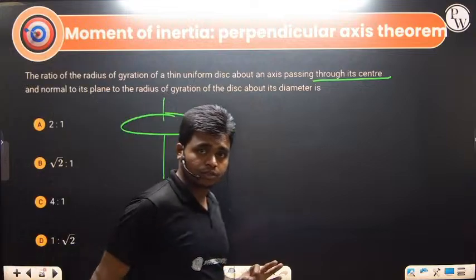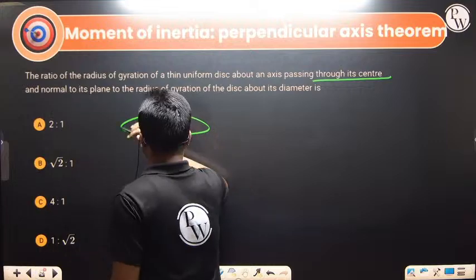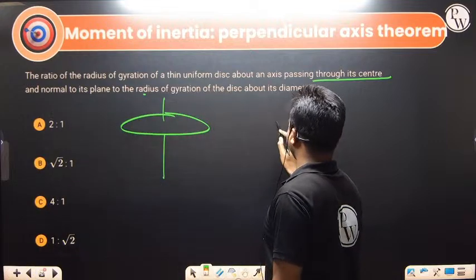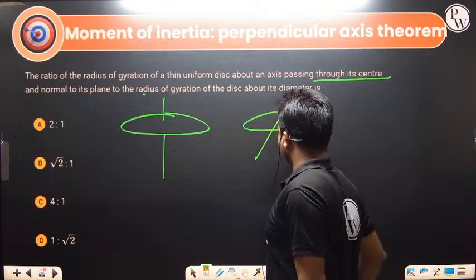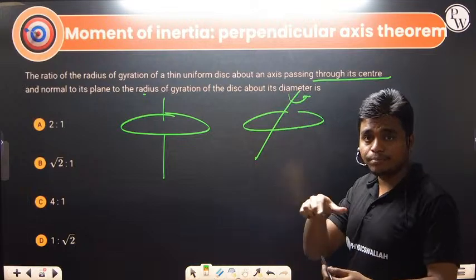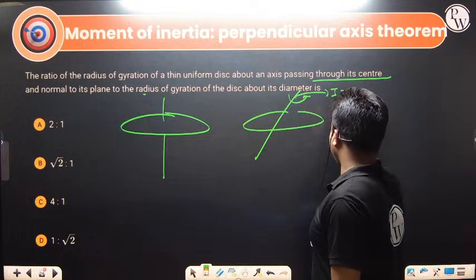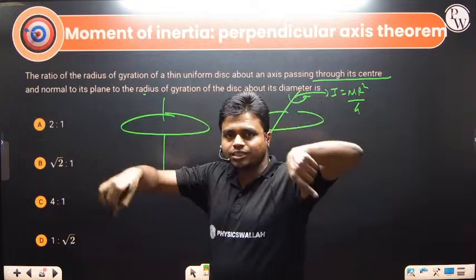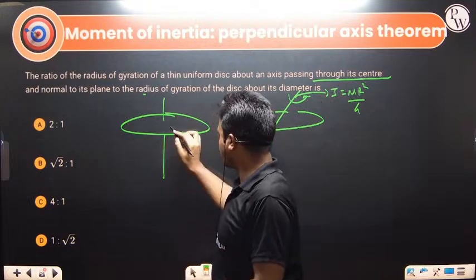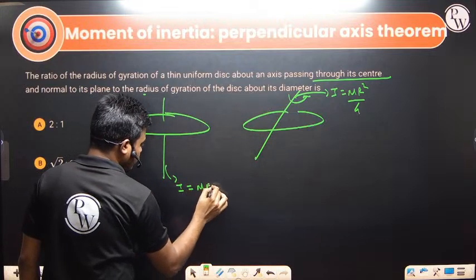As per the given question, there is one axis like this, and one more axis about its diameter. If you rotate about this diameter, it lies in the same plane. The moment of inertia for this we already know: for the disk, it is MR square by 4. But this other axis is perpendicular to its plane. For this, the moment of inertia is given by I equals MR square by 2.